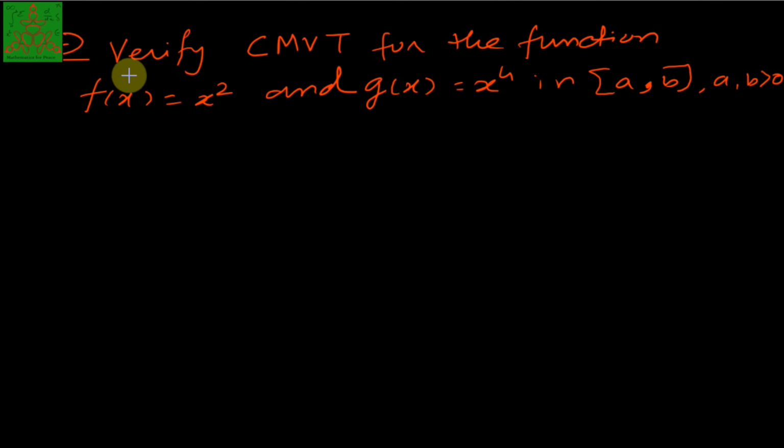Now let us have another example. Verify CMVT for the function f of x equal to x square and g of x equal to x power 4 in the interval [a, b], where a and b both are positive real numbers. First, both these functions are polynomial functions, so there is no problem with continuity and differentiability.